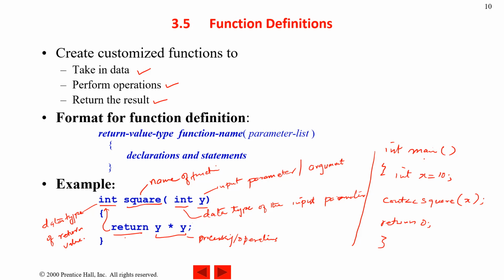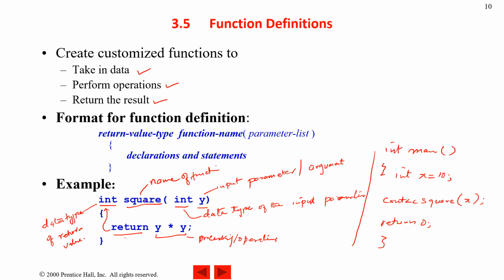This is my main function. Here I define x is equal to 10, and then I pass, so this is the boss, the main is the boss. It's calling this square function here, the name is the same. It's passing this value x, so the value of x will now go and be copied into y.